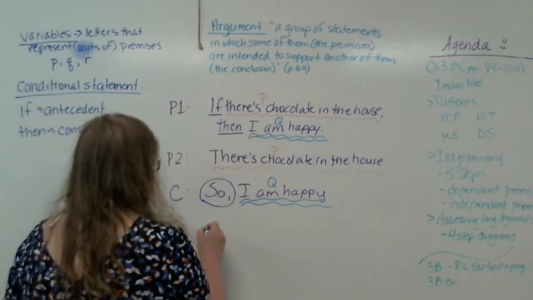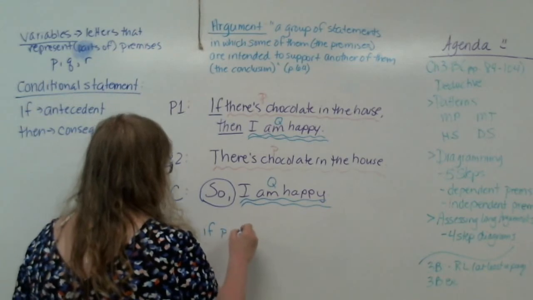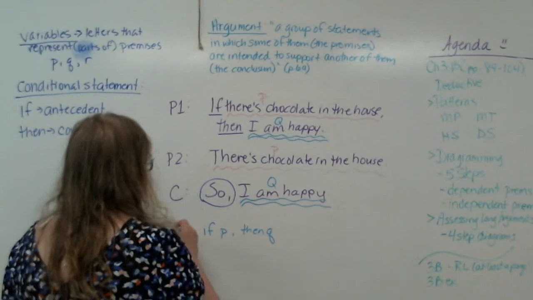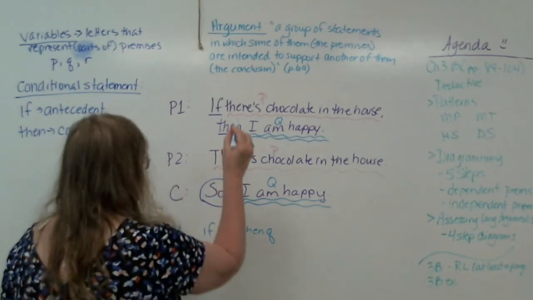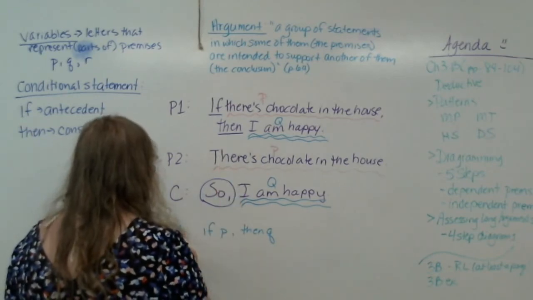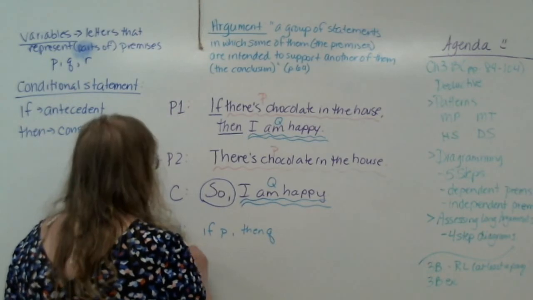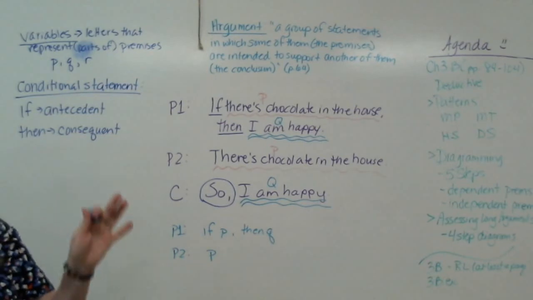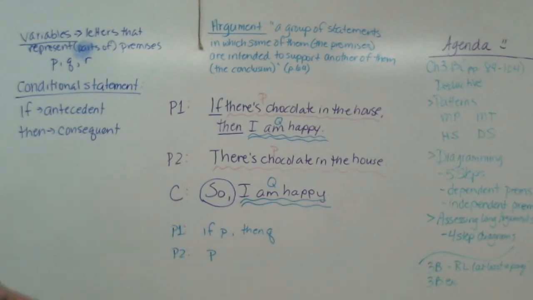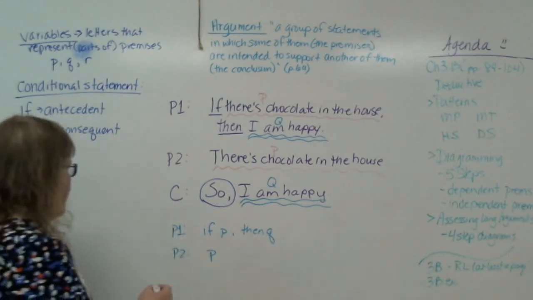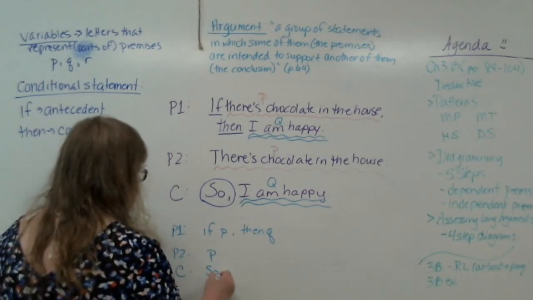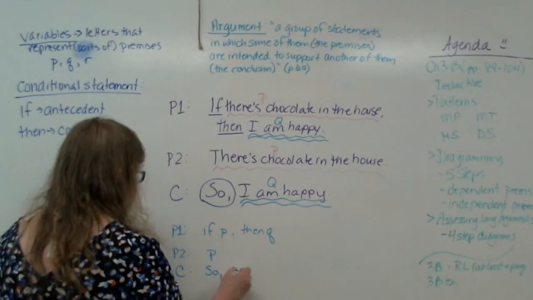So if P, then Q. Still premise 1, same thing. Premise 2 is just P. No accoutrement, no things hanging around, just P. My conclusion then is just Q.